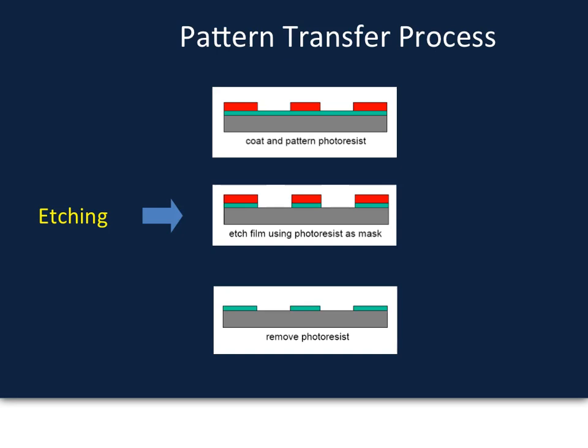Then after we have patterned and washed away the photoresist, we usually apply a chemical etch to get rid of the unwanted deposited material, and then we can wash away the photoresist to get the pattern that we wanted.